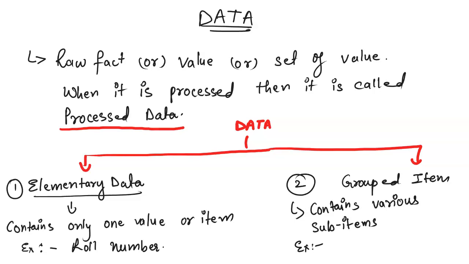In South Indian culture, the name is divided into three parts: the first is the first name, the second part is the middle name, and the last name, which is basically a surname. So this is divided into sub items, that is first, middle and last.